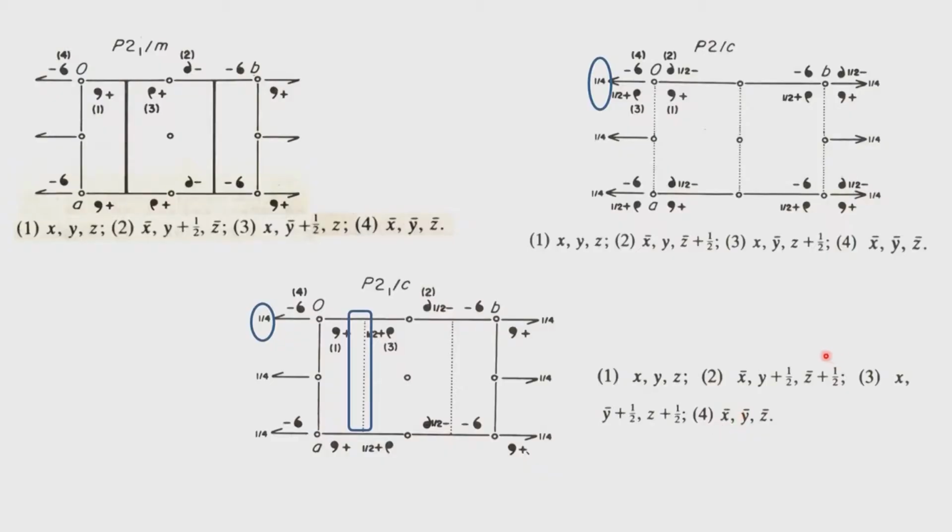So, one of the advantages is that in this case we already have the 2 equivalent points already identified in P21 upon C. One of the questions which I would like to pose to you, of course, I have already shown it here, there are only 4 equivalent points even in the case of P21 upon C, and these 4 equivalent points can be derived based upon the diagram which is given here.